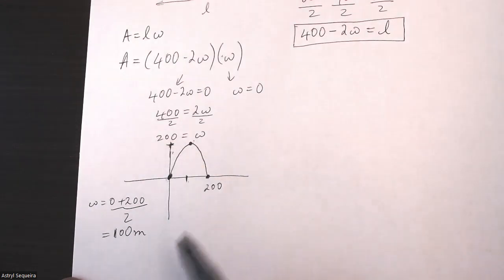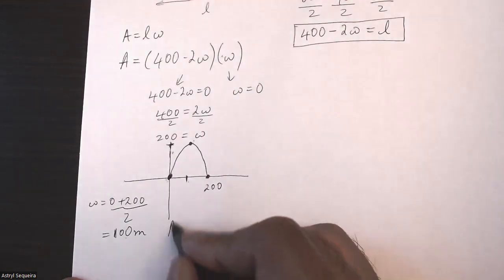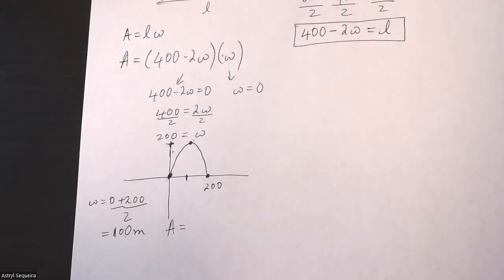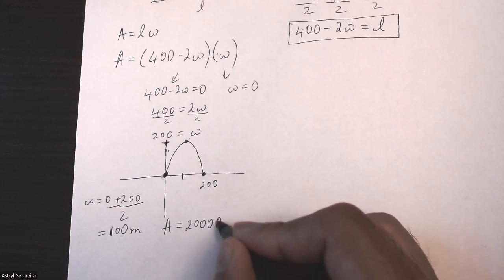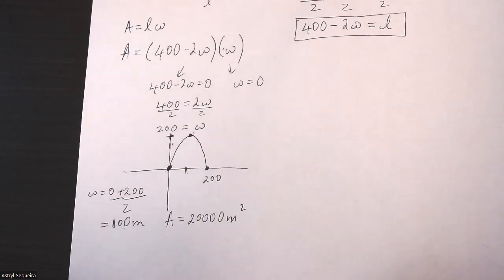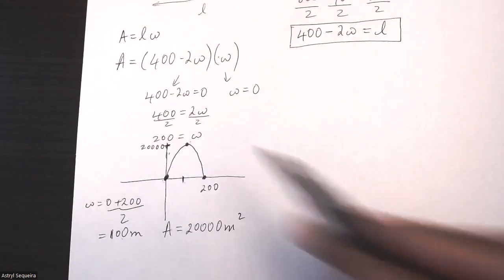To find the maximum area, I just need to sub in 100 back into this equation. So I'll do that in my calculator, and I get 20,000 meters squared, which is basically my y value at this point.